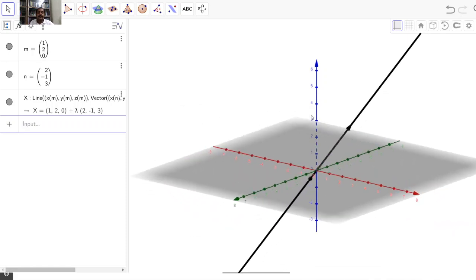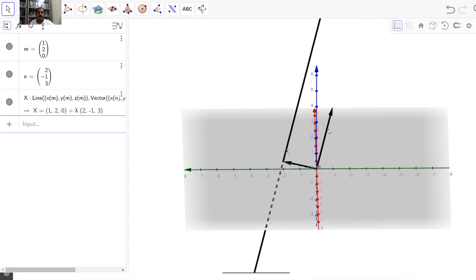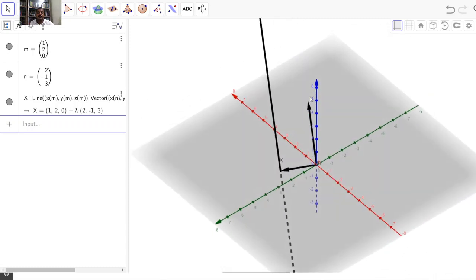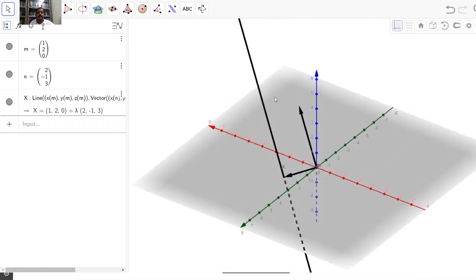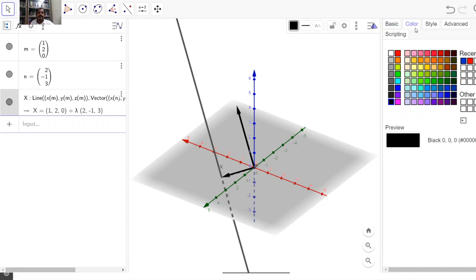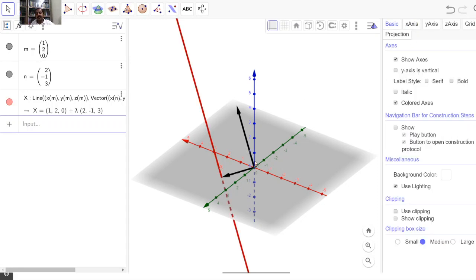So this is the given situation. This is a given line, and this line is plotted using these two vectors.